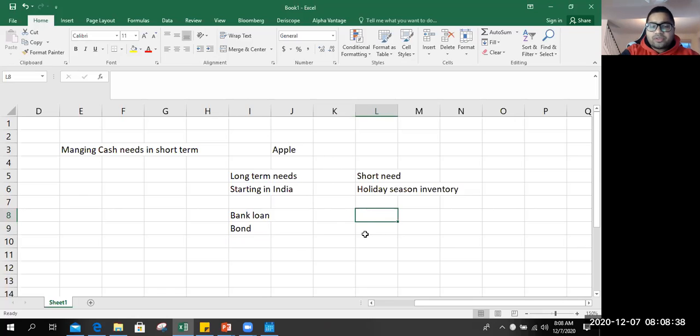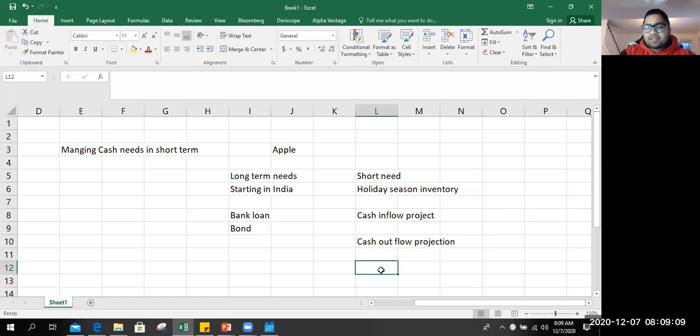So we are going to figure out the cash flow projection: what is the cash inflow the firm gets every month, and what is the cash outflow projection?